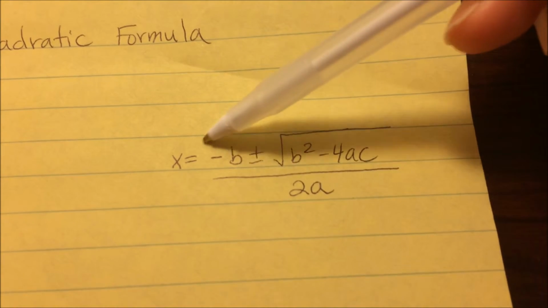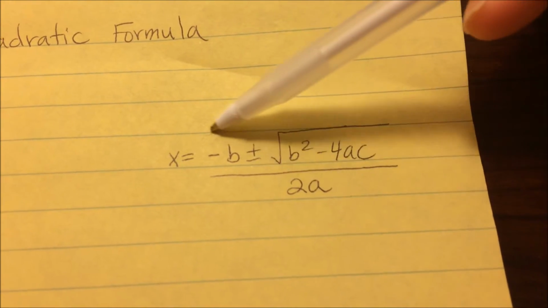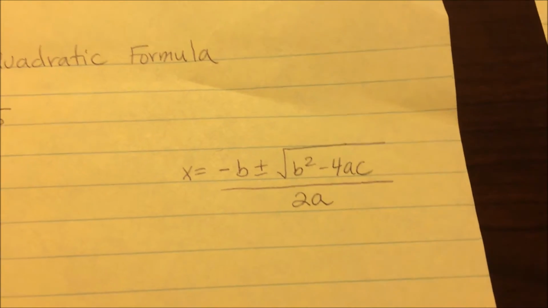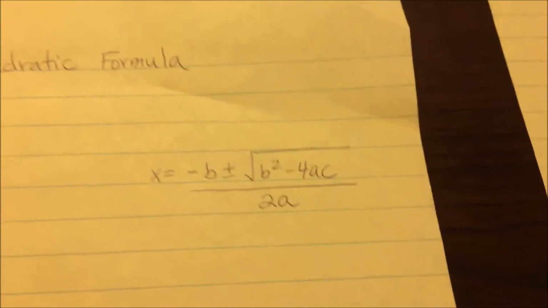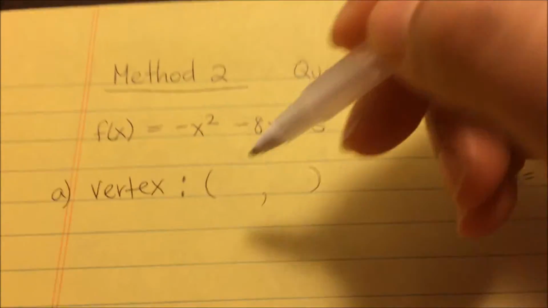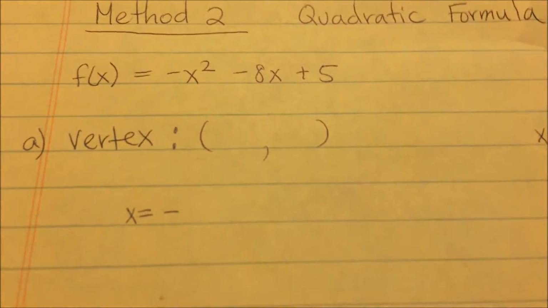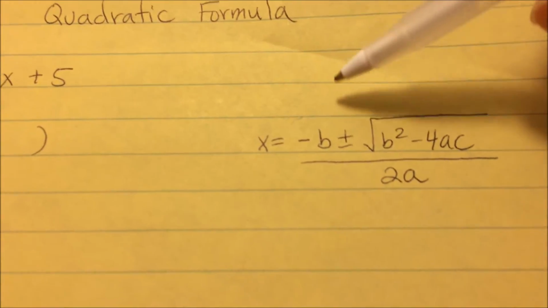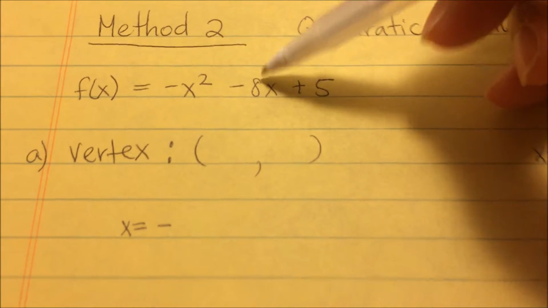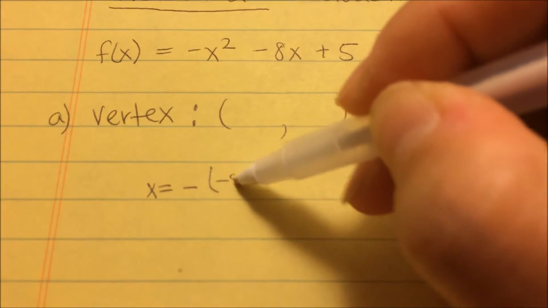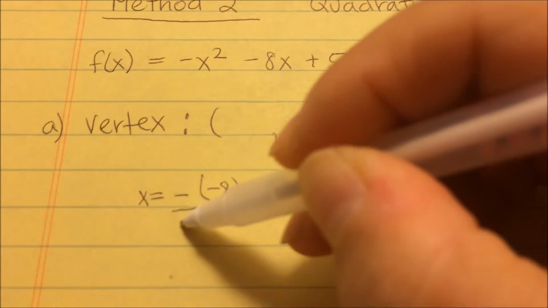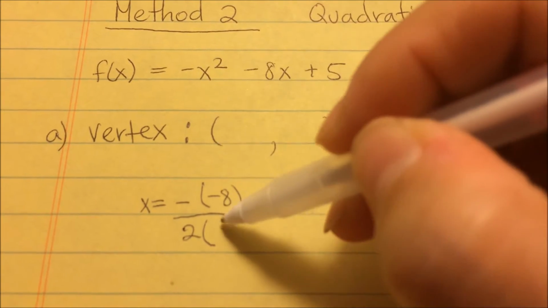And remember we said we took this first part right here, that's going to give us the quadratic part of it. If I put that together, I'm going to have x is equal to negative, and in this case our b is negative 8, so I have negative 8 all over 2 times a, which is negative 1.